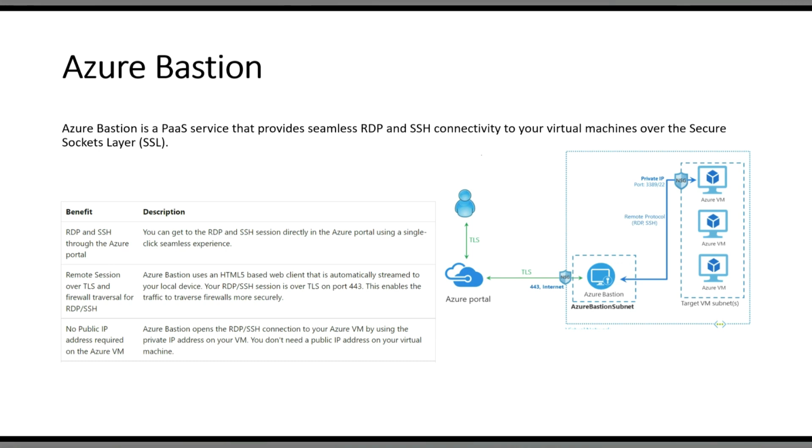The key benefit of using Azure Bastion service is RDP and SSH through the Azure portal, and it is purely a TLS session and no IP address is required on the virtual machine. However, Azure Bastion service is not a free service, so it is billed based on usage.